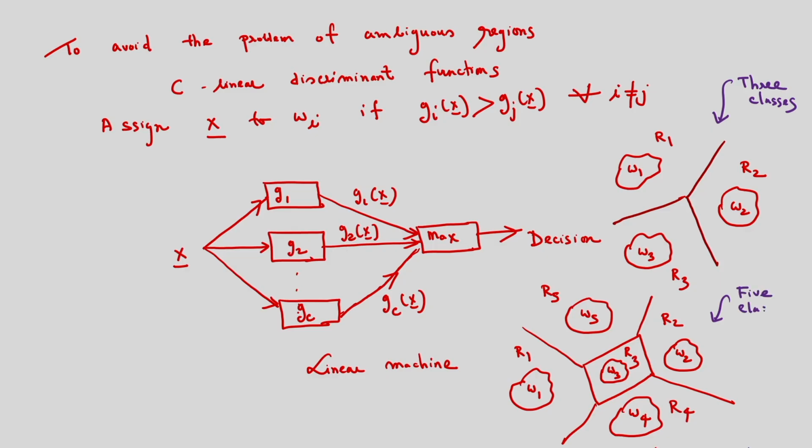So you can see the decision boundary between the classes: omega 1, omega 2, omega 3, omega 4, omega 5. So you can see these are the decision boundaries. So with the help of the linear discriminant function I can do the classification.